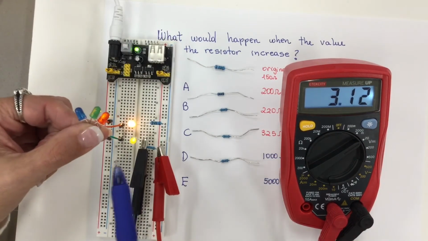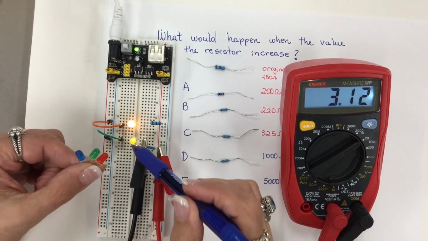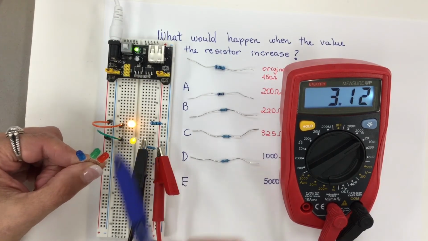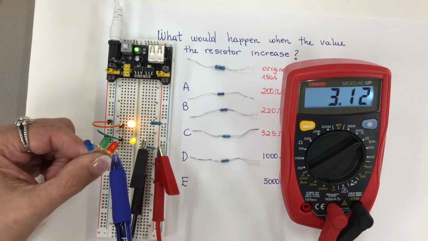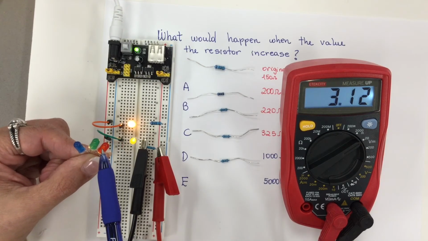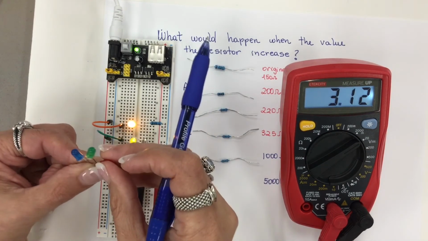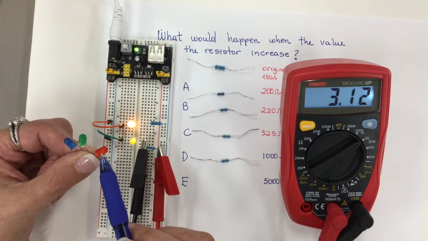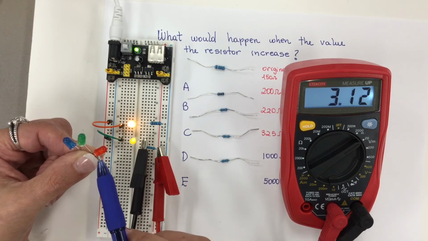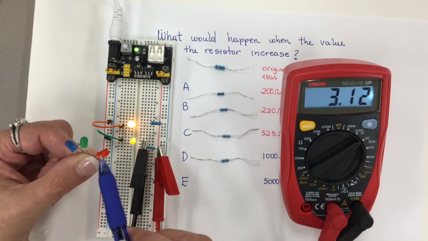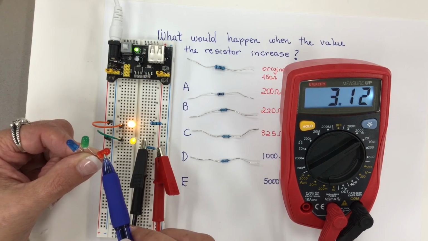I also replaced the experimental group LED with those different colors, and the red one was the least bright, actually very, very low in light.